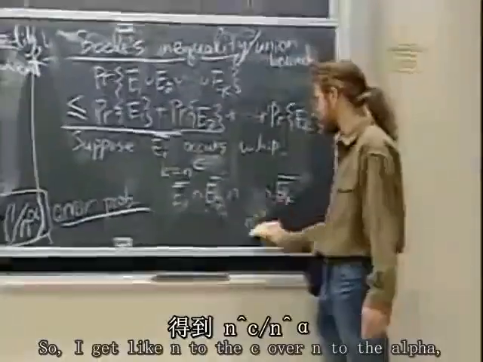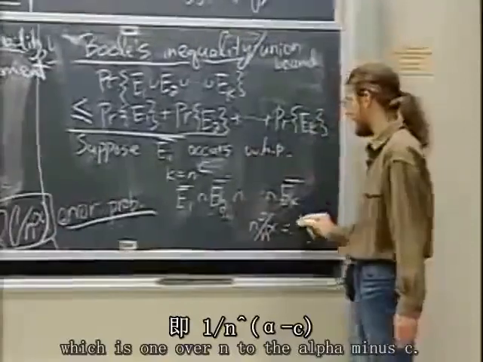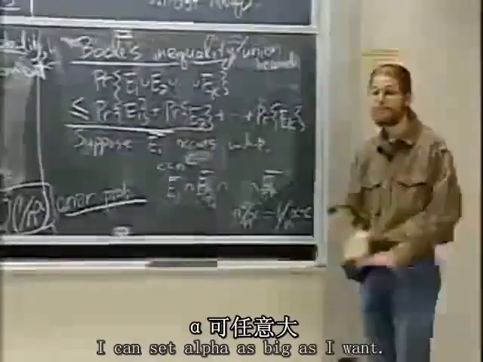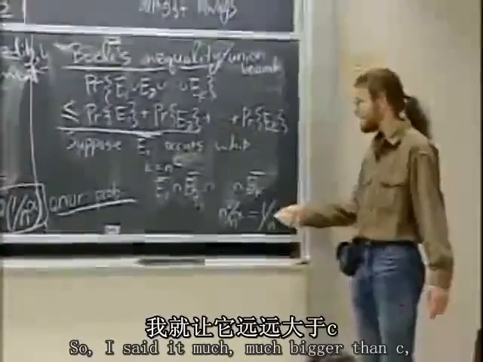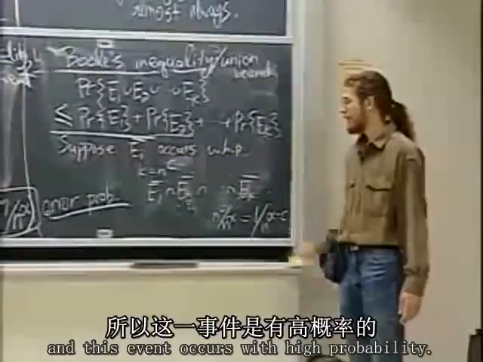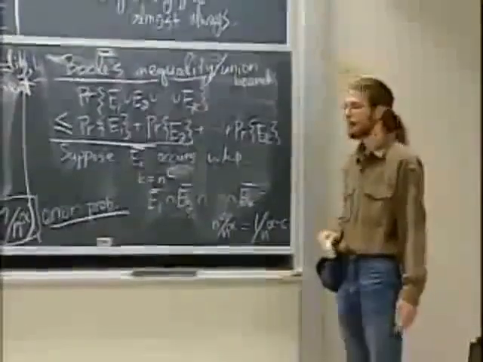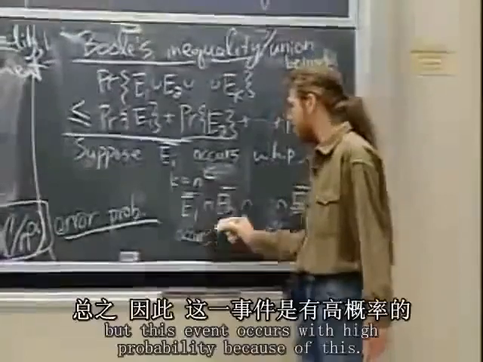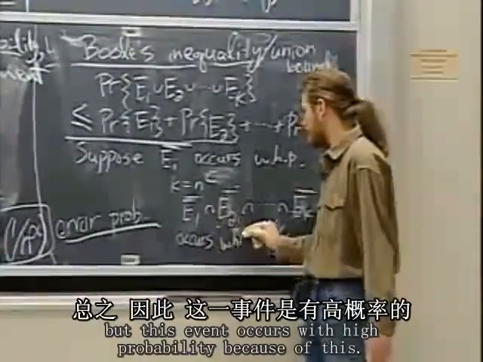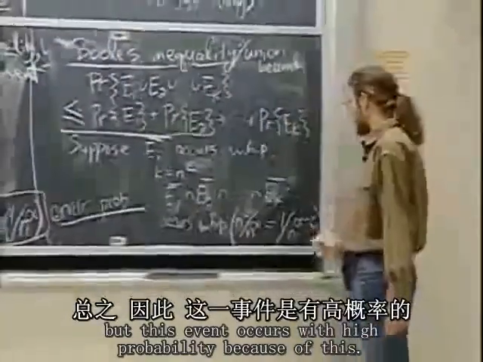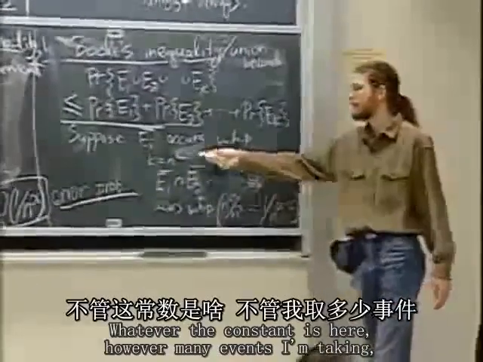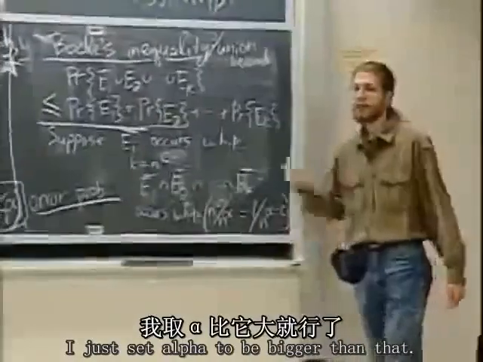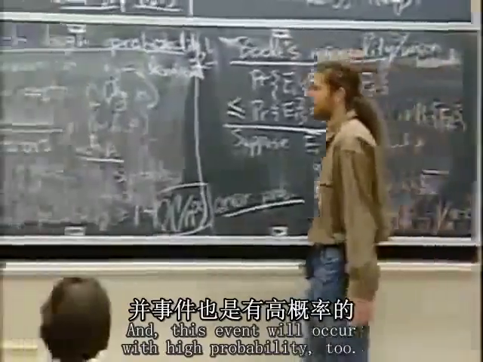So I get n to the c over n to the alpha, which is 1 over n to the alpha minus c. I can set alpha as big as I want. So I set it much, much bigger than c. And this event occurs with high probability. I made a mess here, but this event occurs with high probability because of this. Whatever the constant is here, however many events I'm taking, I just set alpha to be bigger than that, and this event will occur with high probability too.